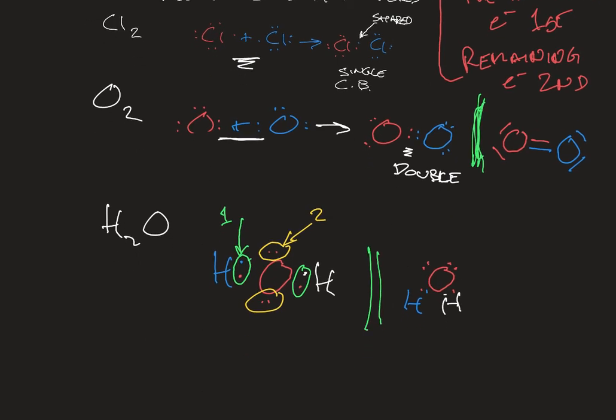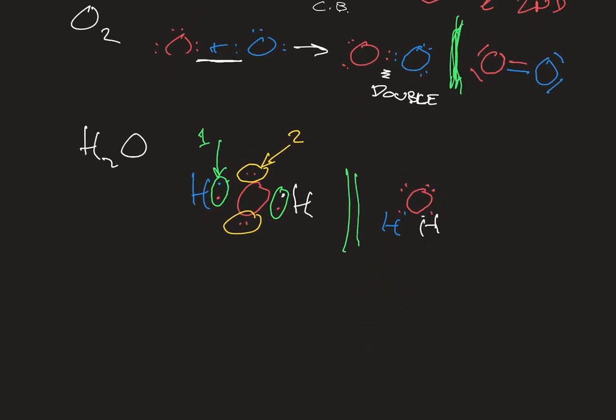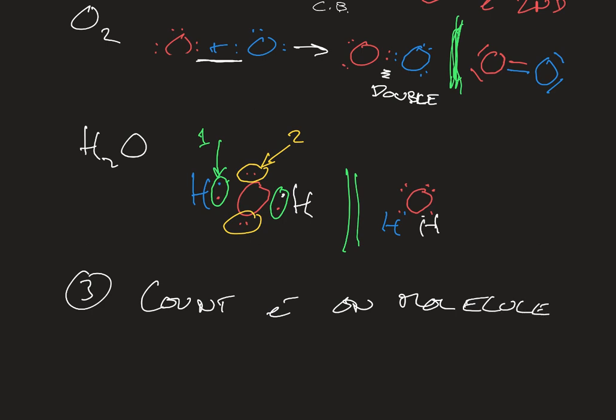If you want to self-check, the next thing you can do is just count all of the electrons you've drawn on the molecule, and this should equal the sum of the valence electrons of the atoms. Hopefully you find that quite useful, and you can have a look through applying that in your lessons.